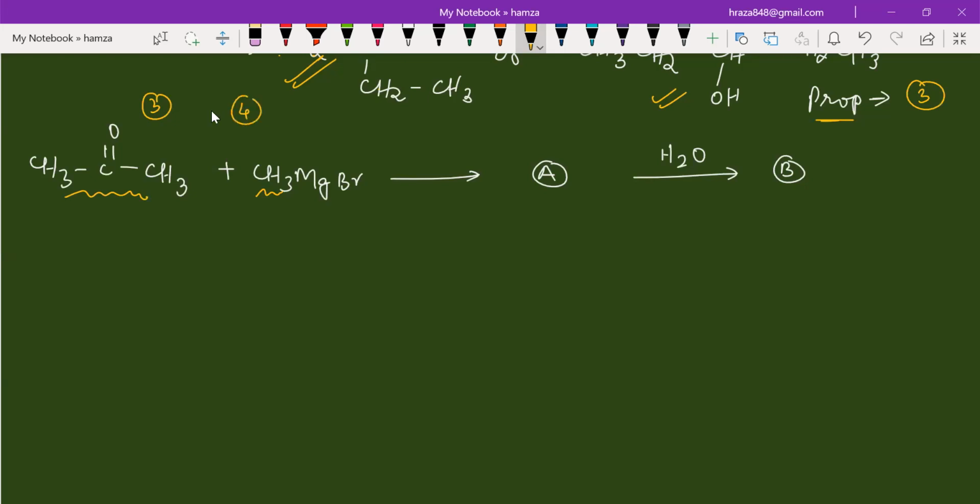The product will be of 4 carbons, no? As you understand the reaction, whatever is the carbon in the Grignard reagent, that goes and is added into this. Are you getting my point? So please do it again carefully in the same way that I just explained, and you will get the answer.